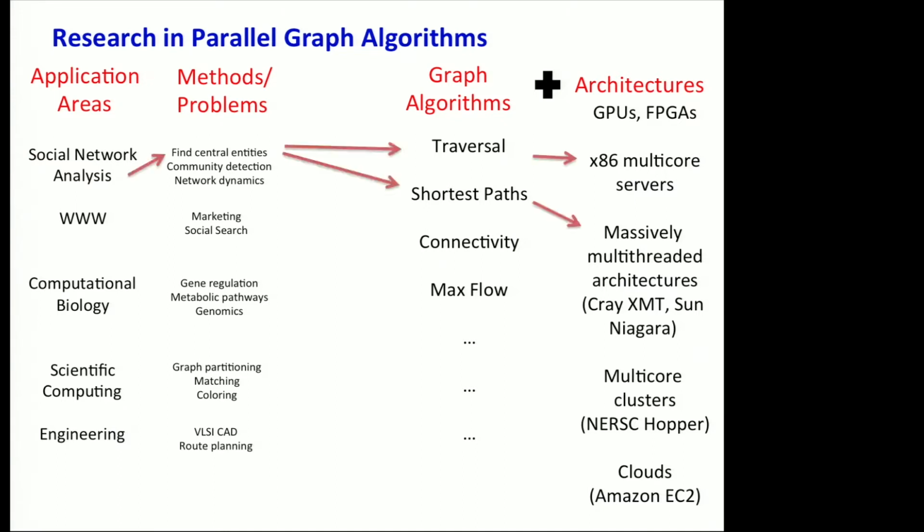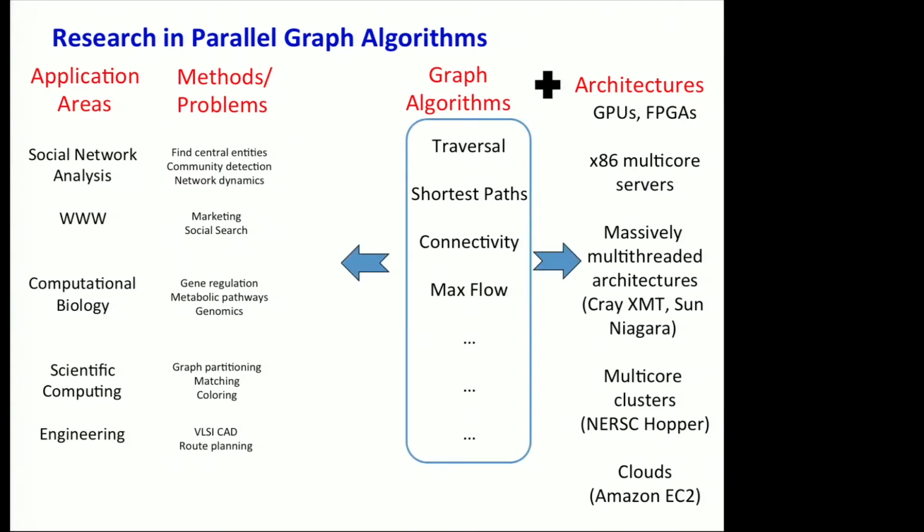So the research can go as a top-down approach, in this figure left to right. Start with the application area, find the kind of problems that need to be solved for it, what kind of graph algorithms are needed to solve them, and how I can best map them to an architecture. Usually the data size and problem complexity determine what kind of problems you can solve.